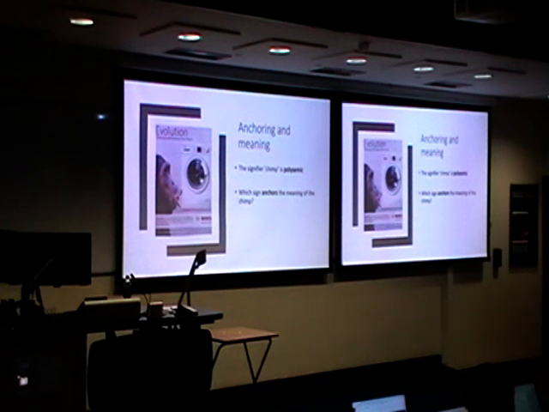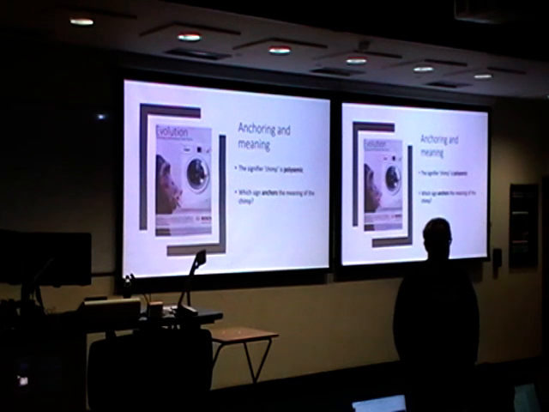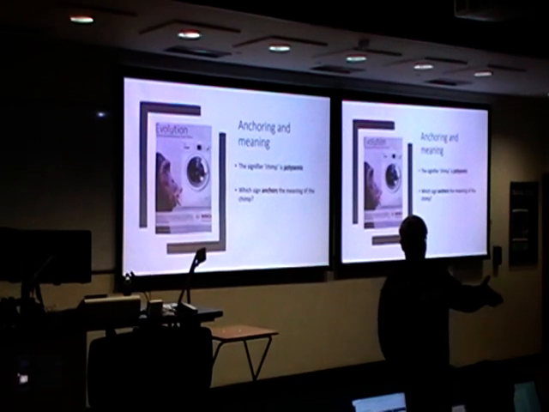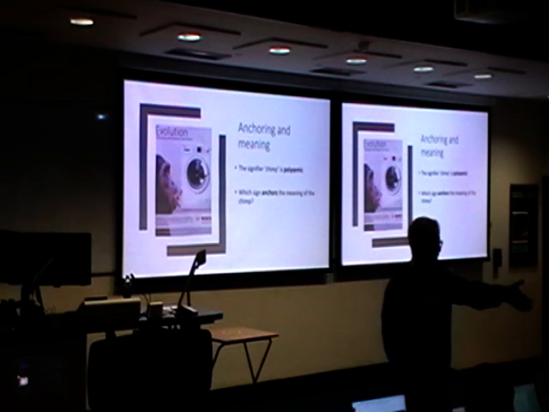What sign anchors the meaning of the chimp here? Polysemic signs often need other signs to direct us to the meaning that we're supposed to get. There is something in this image that tells us that chimp here has this specific connotative meaning of a relation to us in the evolutionary chain. What is it?